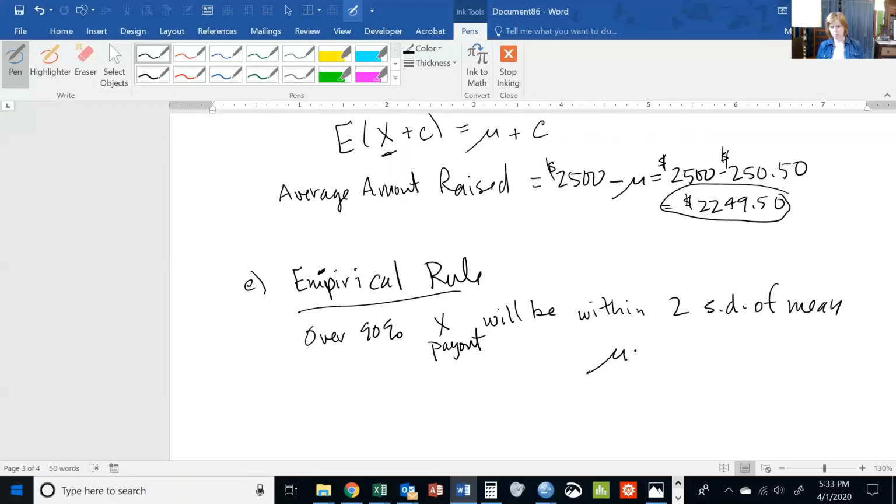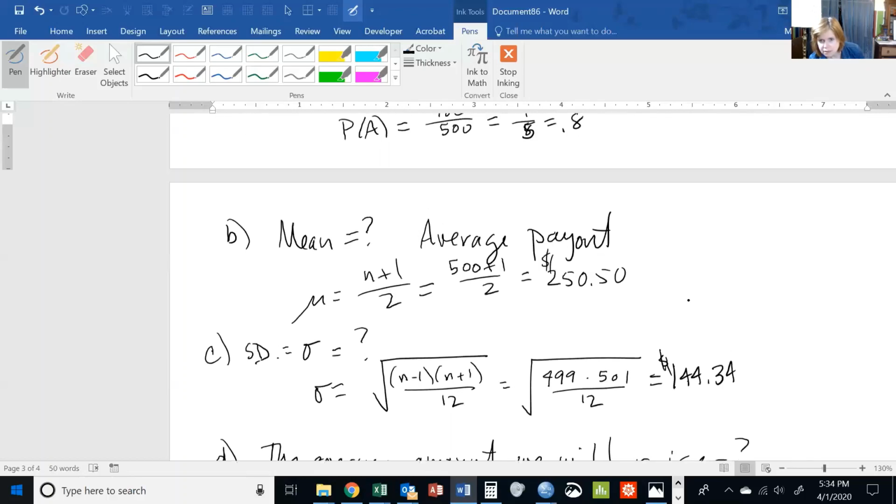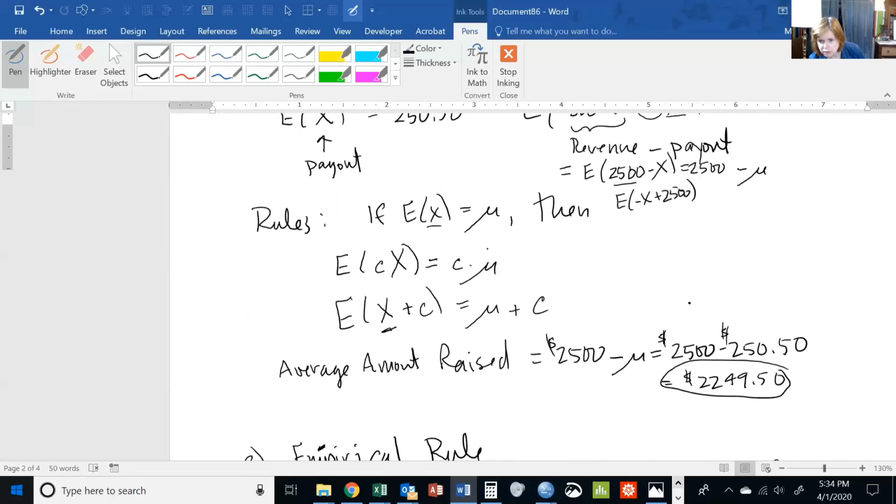And recall, our mean was $250.50, and our standard deviation that we calculated was $144.34.